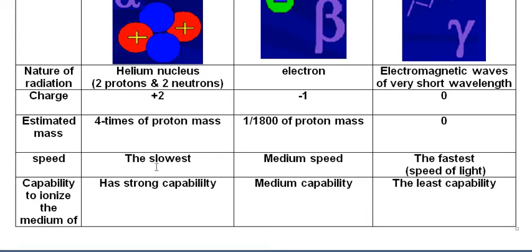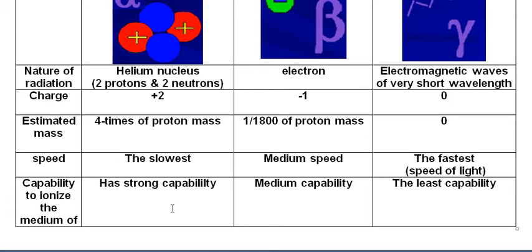The speed of the alpha particle is very slow because it is the heaviest. The beta particle speed is medium. The fastest radiation is the gamma radiation, which travels at the speed of light.